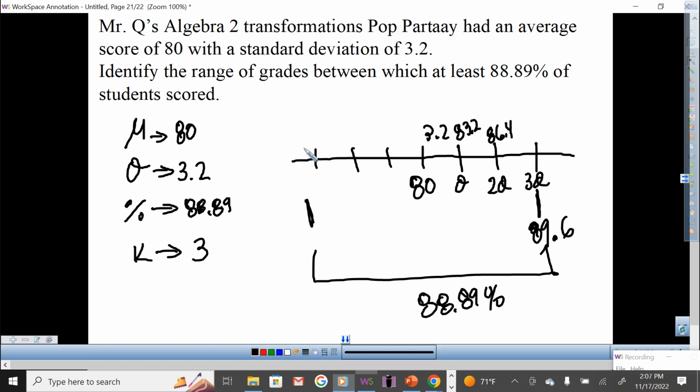So now we have 9.6, take away that from 80, that lands us at 70.4. So therefore your statement, the scores, 88.9% fell between 70.4 to 89.6.